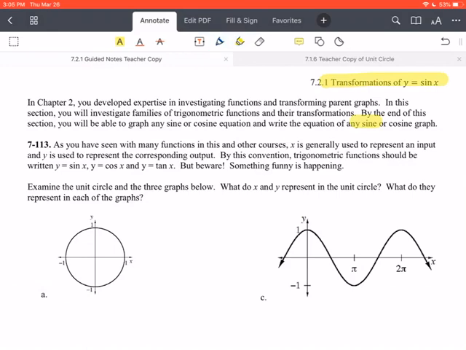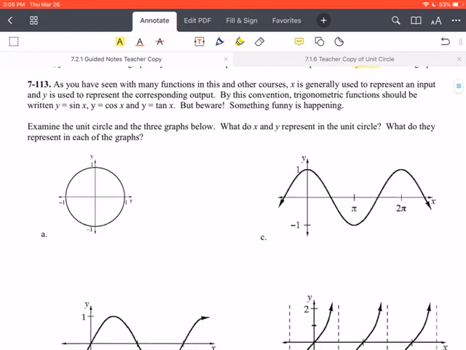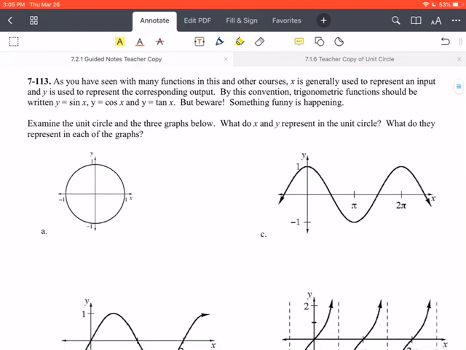Okay, so in question 7.2.1, it says, we have seen many functions in this course. X is generally used to represent an input, and Y is used to represent an output. By this convention, trig functions should be written as y equals sine x, y equals cosine x, y equals tan x.